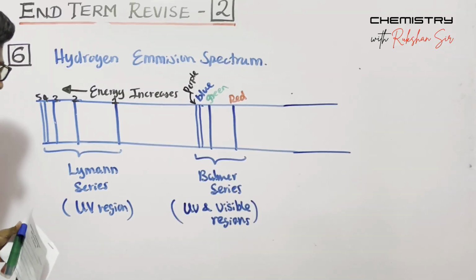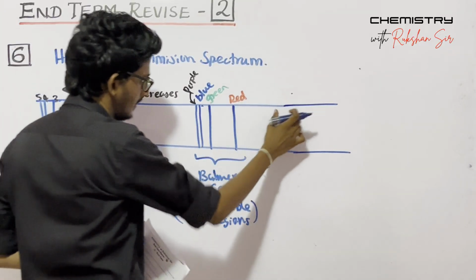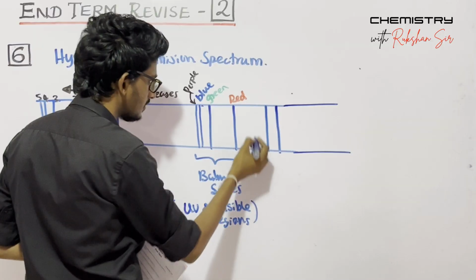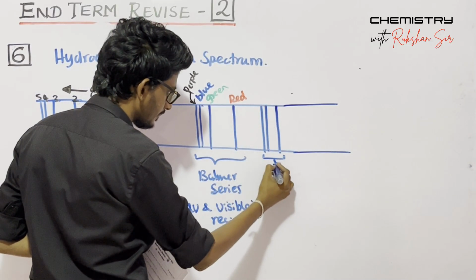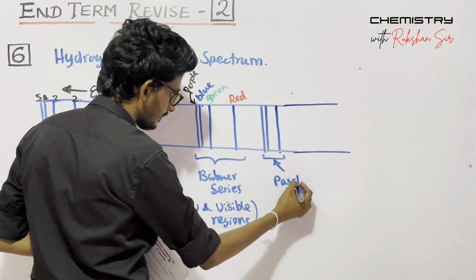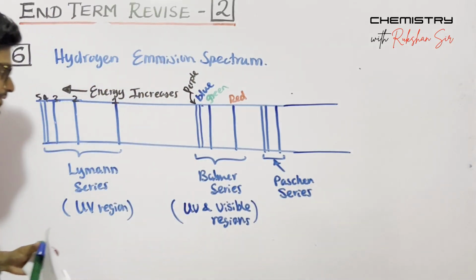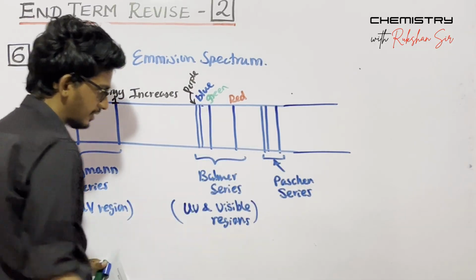How to write the Paschen series? Take the third line onwards from here, third, fourth, fifth, and write it here. So this is the Paschen series, when the electrons come into n equals 3. This is n equals 1 transition, n equals 2 transition, n equals 3 transition.